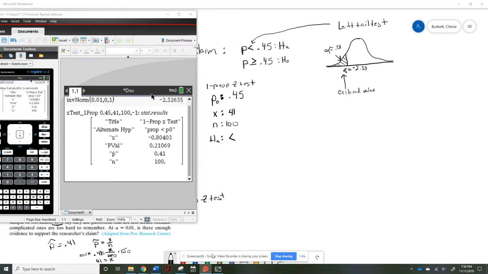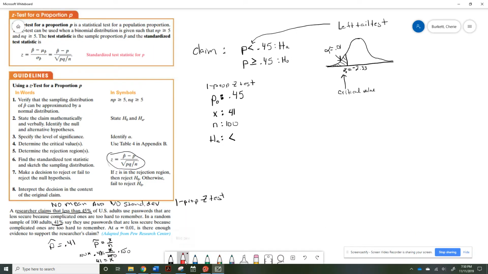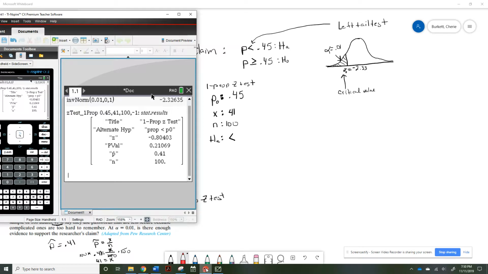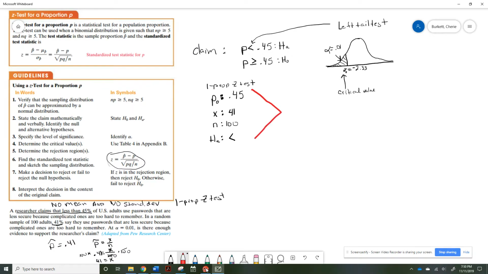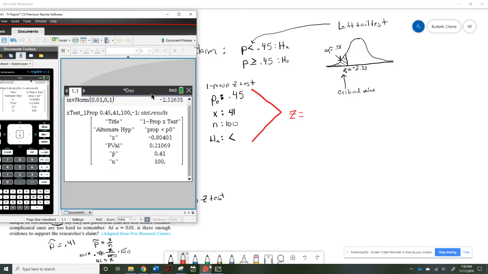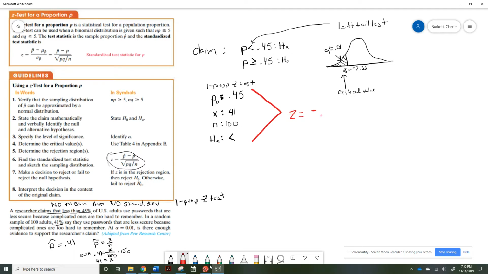I'm going to say that our z value from our test is negative 0.80.